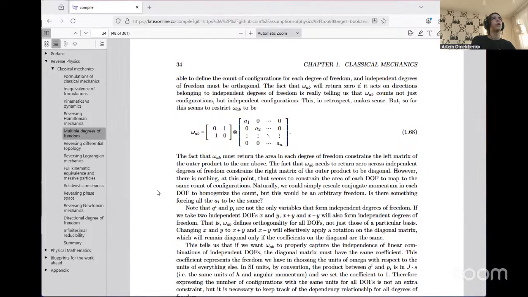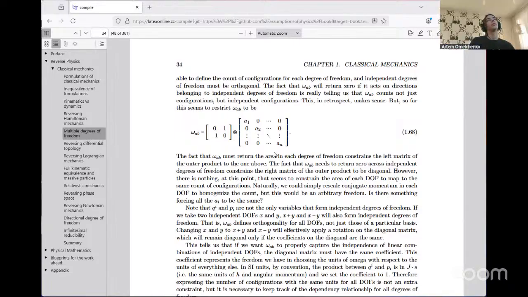But so far, this seems to restrict omega AB to be the tensor product of basically a one degree of freedom symplectic form and a diagonal matrix. So you're basically taking the volume of each degree of freedom, but each degree of freedom might have a volume that is different from the other.